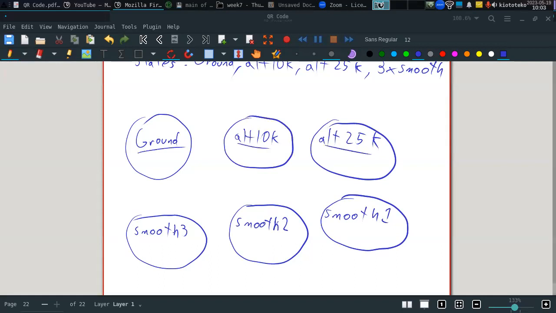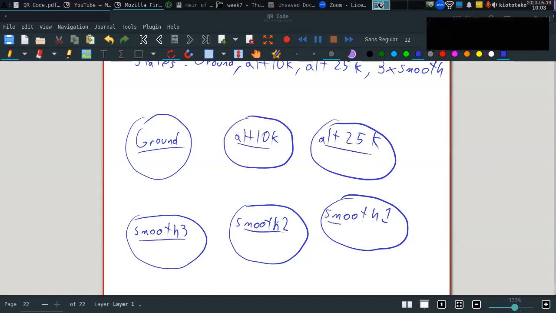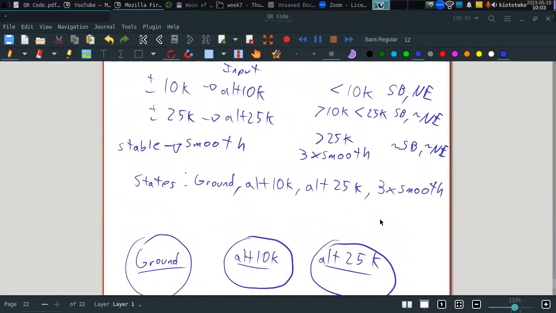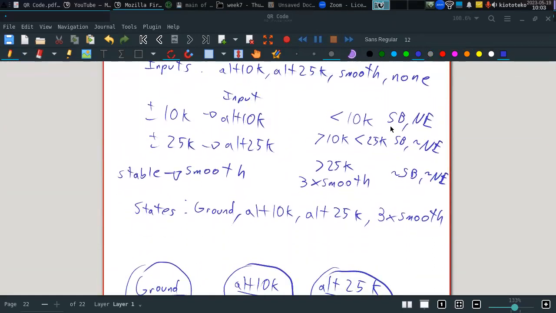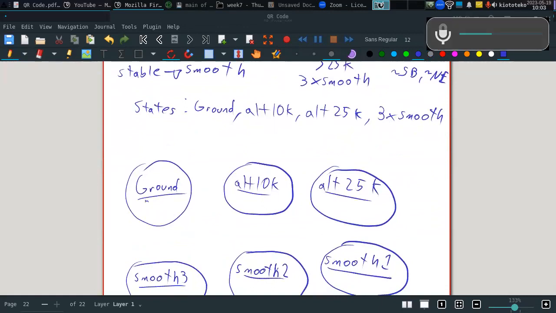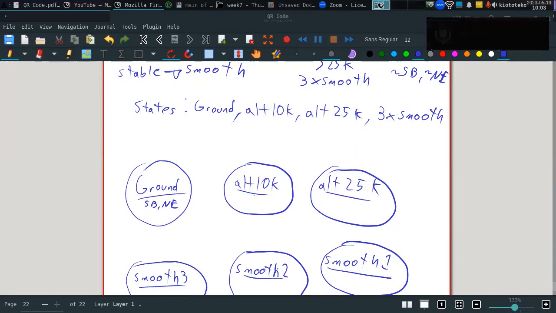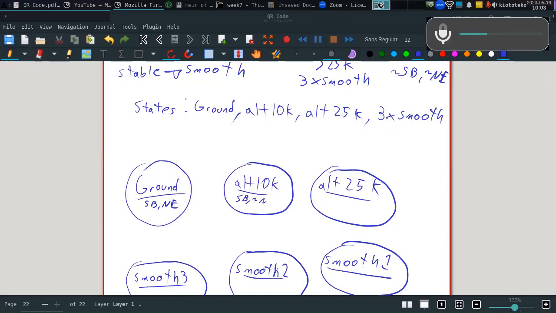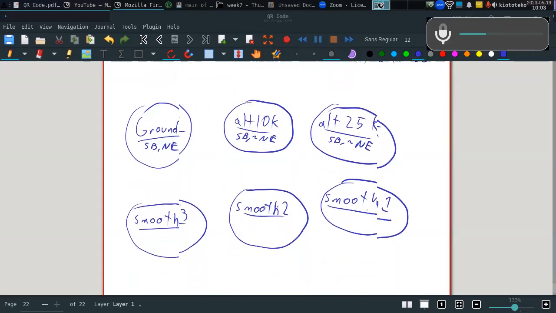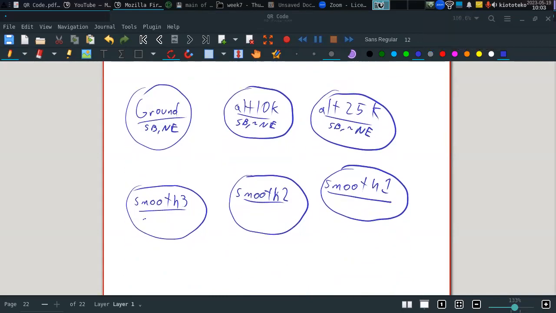Let's just check which outputs we have in each of these states. So if it's at ground, you have the seatbelt and no electronics sign on. But if you now are in Alt 10K, you have the seatbelt, but not the no electronic sign. In the Alt 25K, it's the same. And in the following, it's the same, except for the last one where you now deactivate the seatbelt and you have deactivated the no electronic sign.